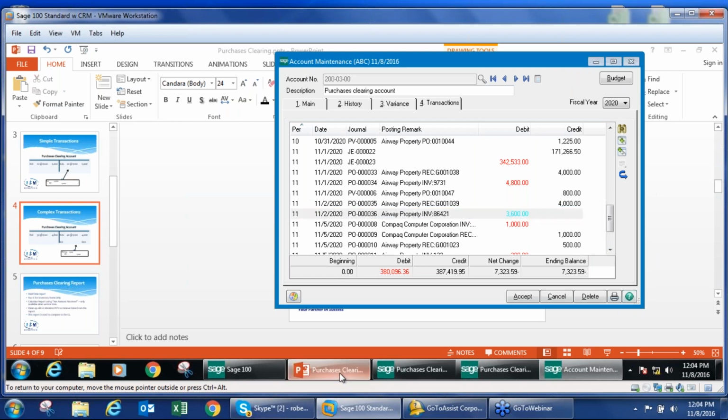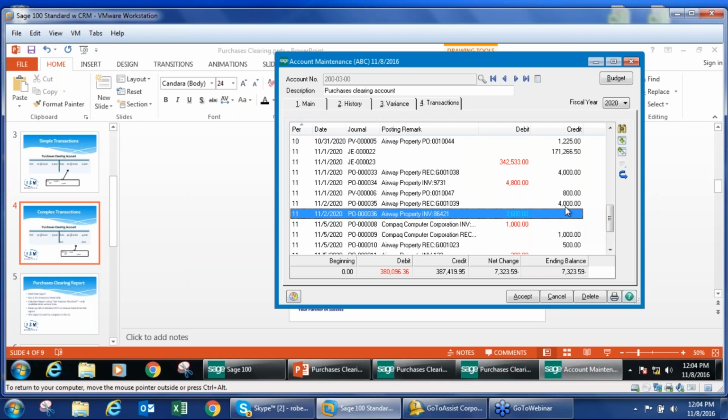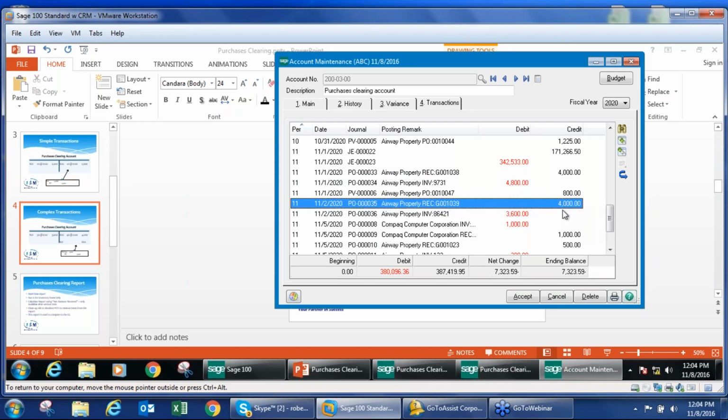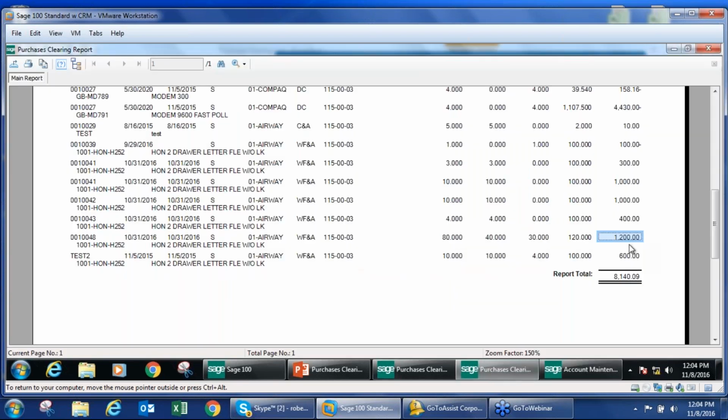We have 3,600 that was processed. And I take that back, sorry, the math is not correct here. So we had 30 units at 120, or 3,600. So really, our balance should be $400. Okay, but we ran the purchases clearing report, and it shows us $1,200.